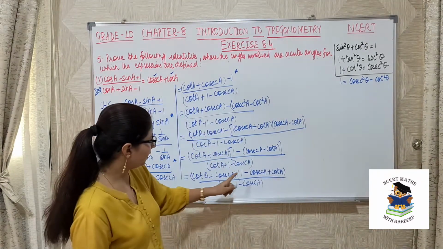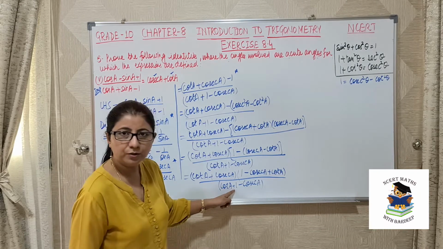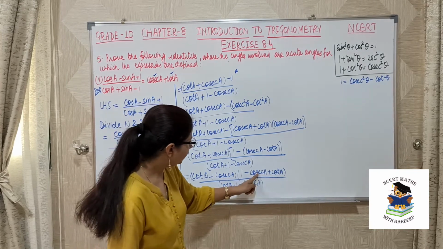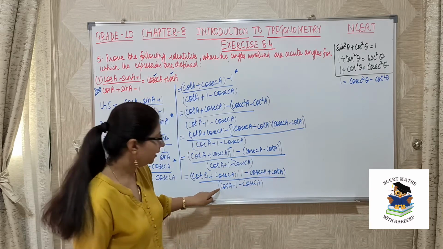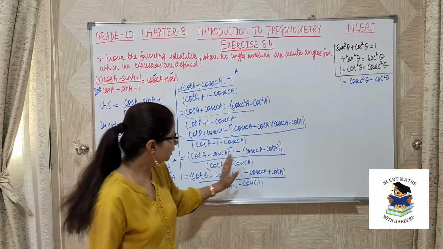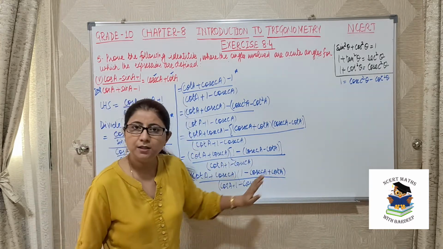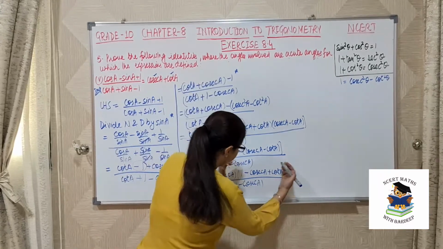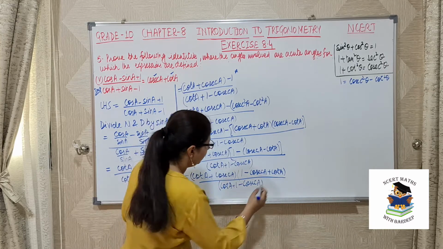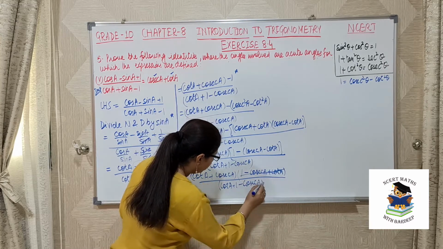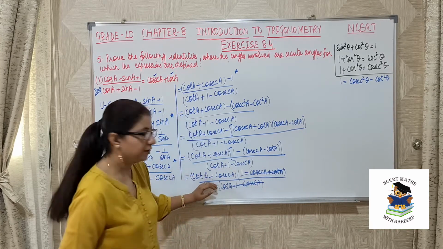So now we will check. See, 1 is positive here. Minus cosecant a plus cot a. Okay, so now these terms are same. It means this full bracket and this bracket are same, only the order is different but the signs are same. So we can cancel this term and we are done with our question.